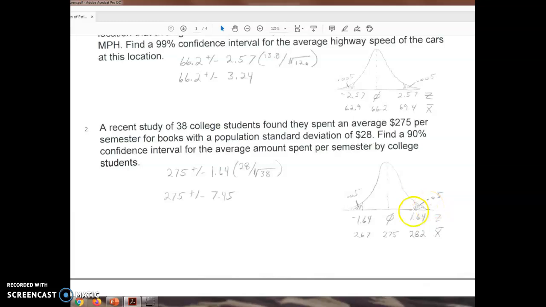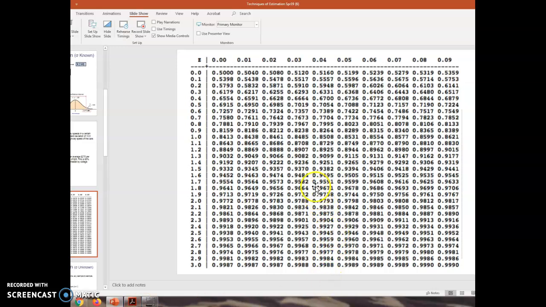corresponds to that. Well, the positive z-score is going to be from our z table the probability of getting a value up to this point, which is 0.95, right? 95%, because 5% is in this upper tail. So let's go to our z-table and look for 0.95. So here we have two that are very close to each other.